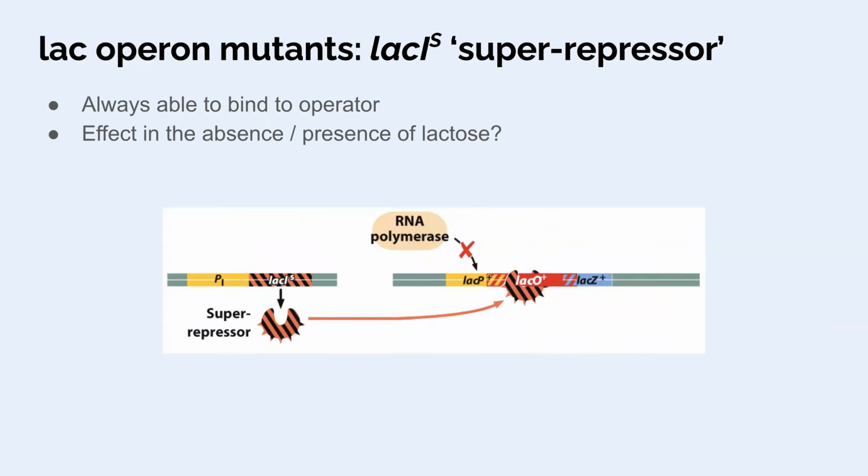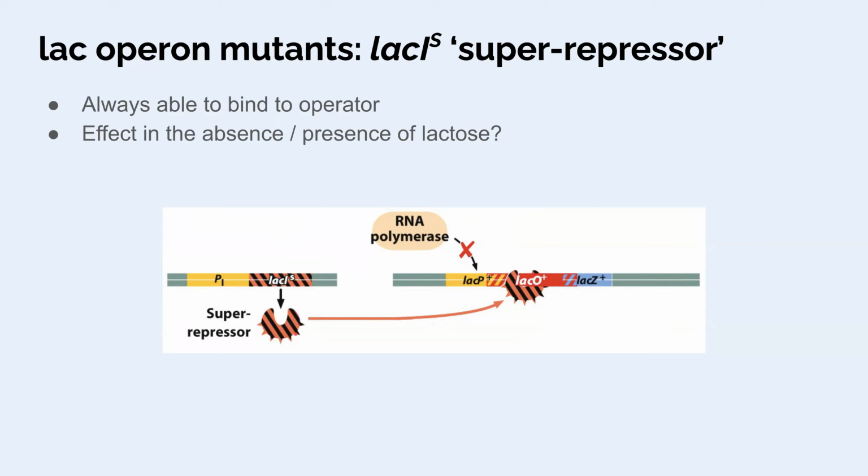This is another kind of mutation, also at the LAC-I gene. When we talked about mutations, we talked about mutations that gain function or lose function. And so you can have a different effect depending on how you mutate the instructions for making a protein. And this is one that turns out to be a situation called a super repressor. The super repressor mutant can attach to the DNA, but it's missing the ability to attach to lactose. And that's where the artist has decided to give us spikes on this enzyme, showing that it's just utterly insensitive to whether there's lactose or not.